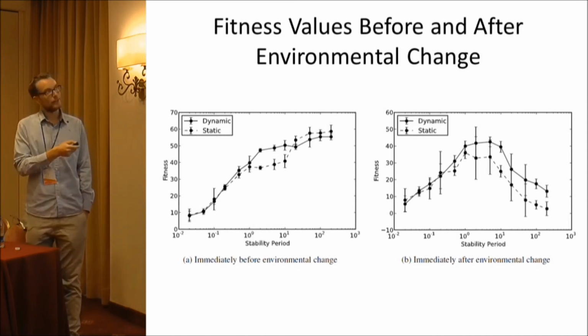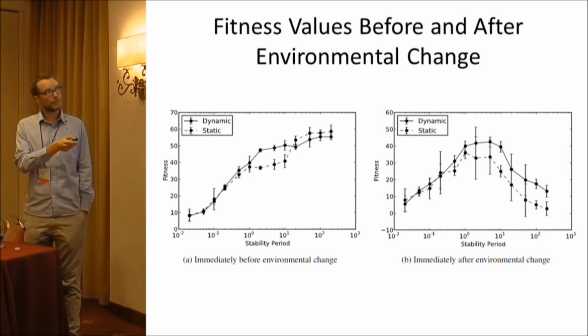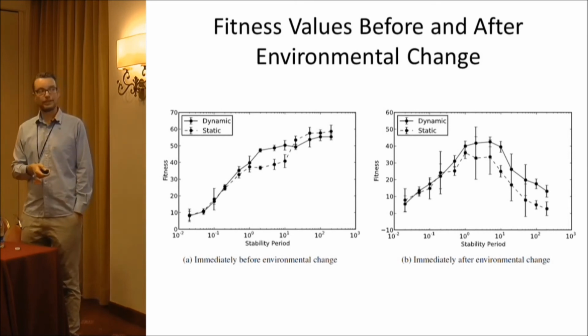And we see that in this case, dynamic individuals show a much higher fitness for stability periods just around this range where we saw sensitive periods evolve. And that means that they were able to reduce their cost of learning by having these sensitive periods, thus resulting in a higher fitness for these strategies.